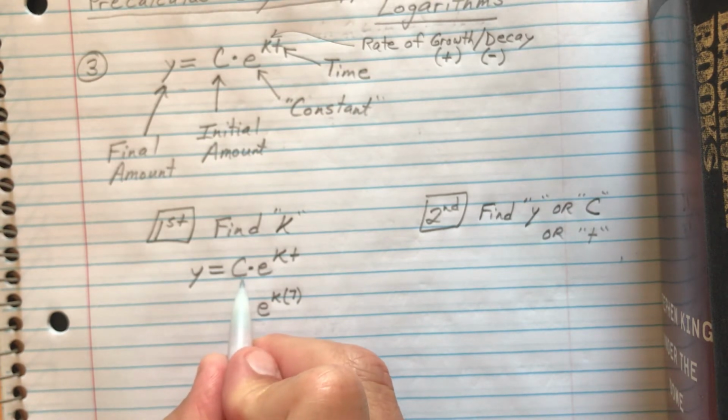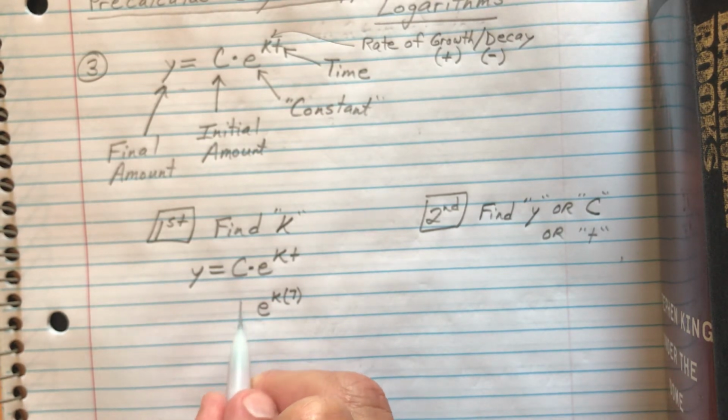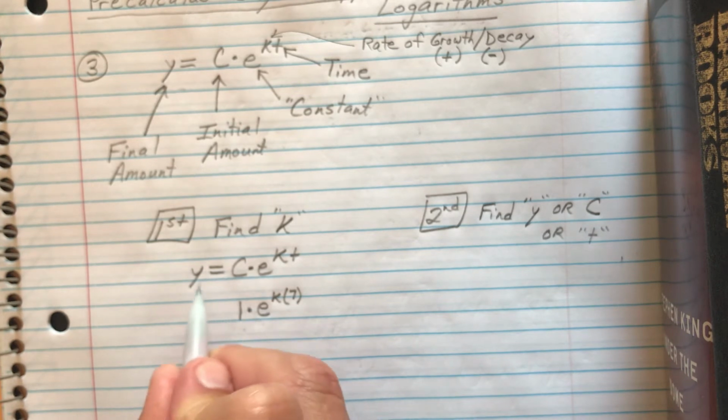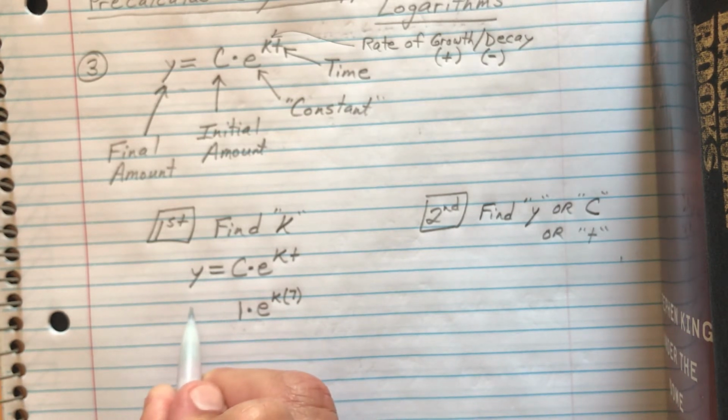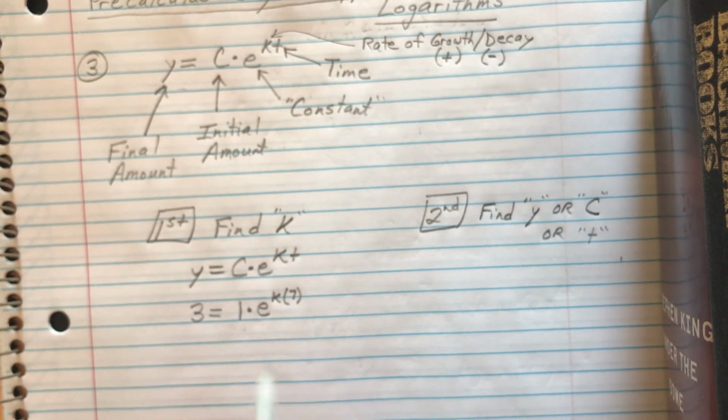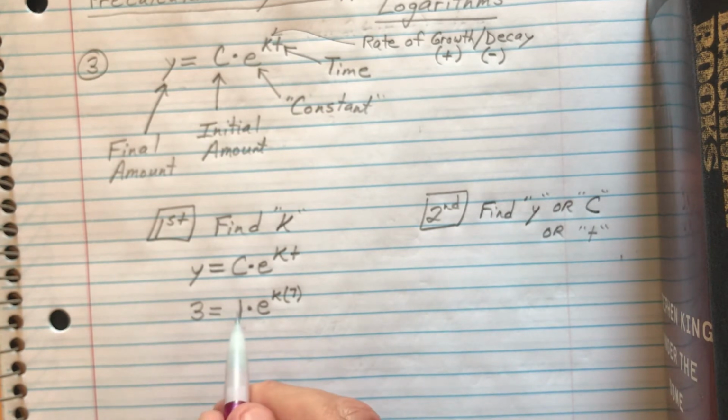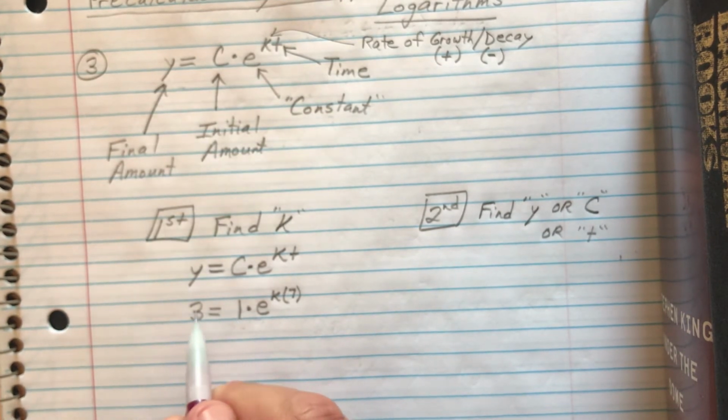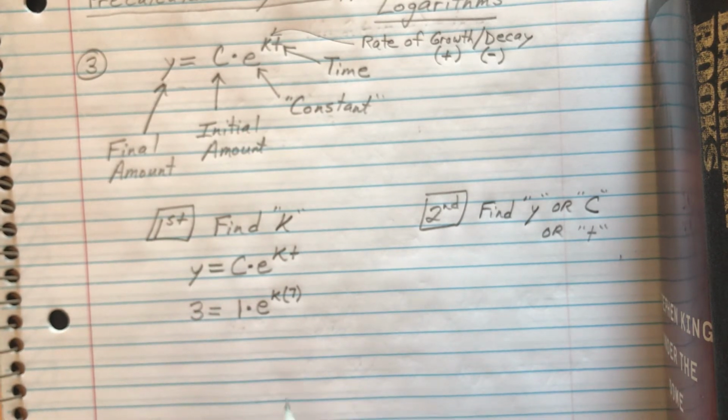So you can call C whatever you want. I'm just going to call it a 1, as long as you call Y 3, triple. It doesn't matter. If you call C 10, Y needs to be 30, as long as the tripling is happening.